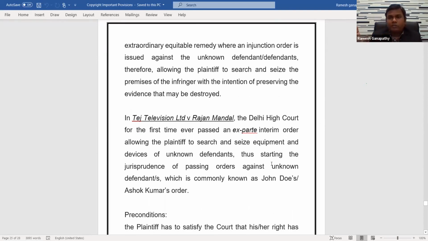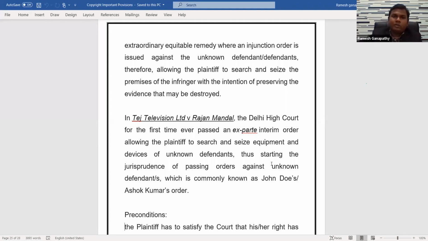Not only in this case, for example, in a movie case you block all the websites. In several trademark, patent or copyright infringement cases, for example, if you launch a new product, assume it is an Apple watch or any product, you have a fear that in one of the bazaars or famous shopping places people are selling this, and you don't even know the parties' names and don't have time to analyze them.